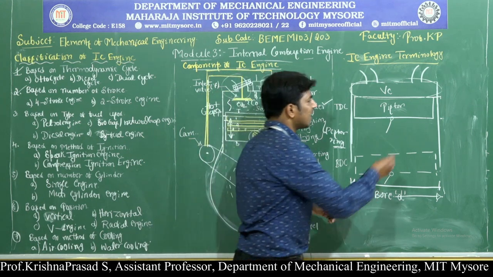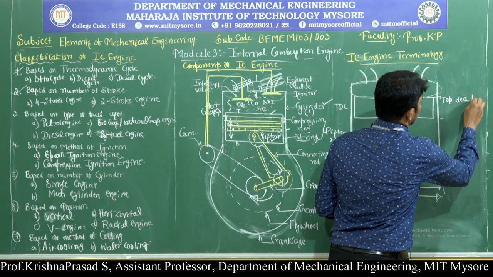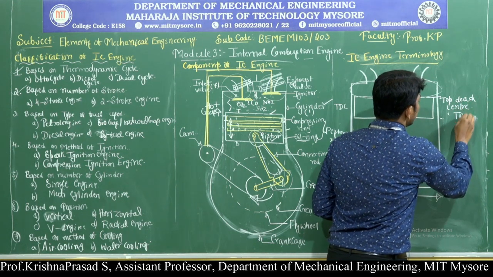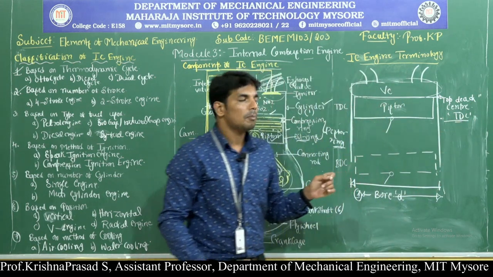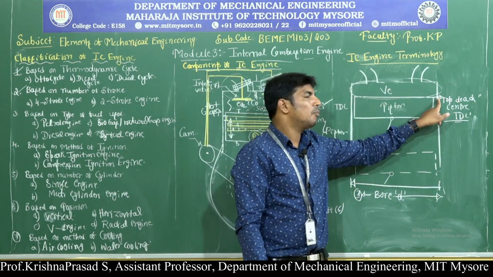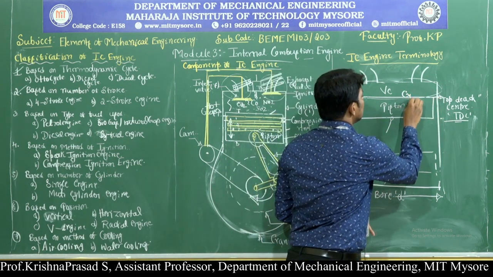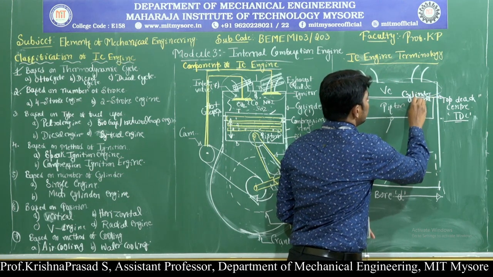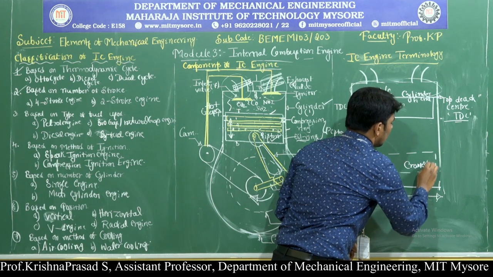Then the second one is called top dead center. The top dead center is also abbreviated as TDC. So what is meant by the top dead center? The top dead center means the extreme position of the piston near the cylinder end. So this is called the cylinder end or cylinder head, and this is called the crankshaft end.